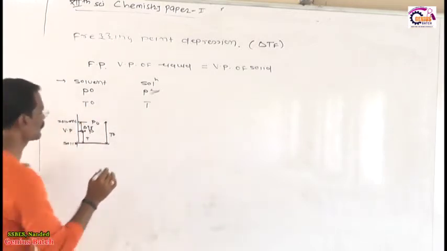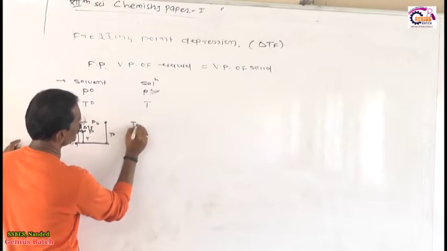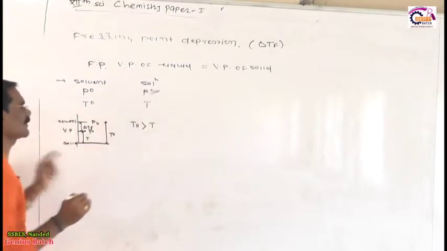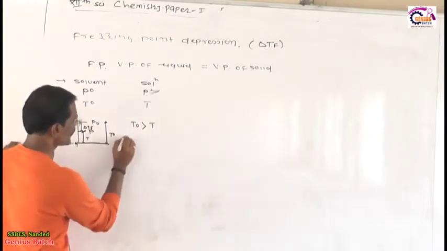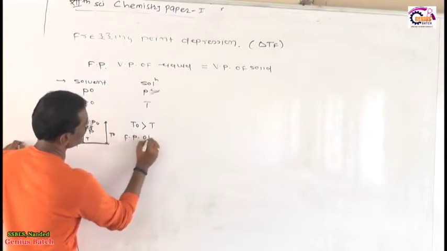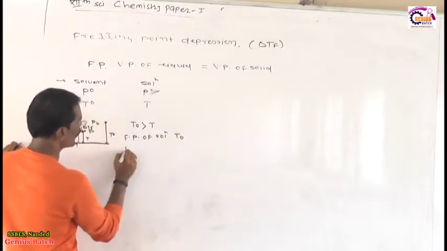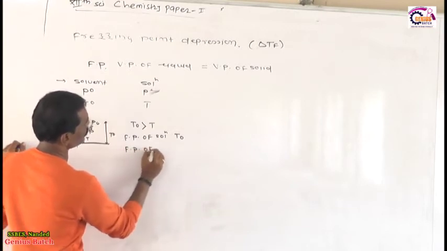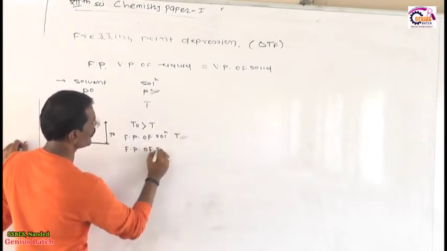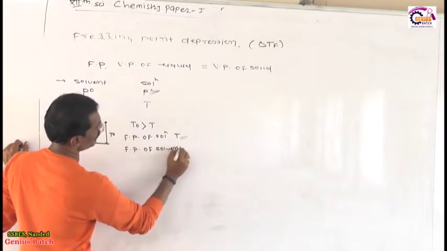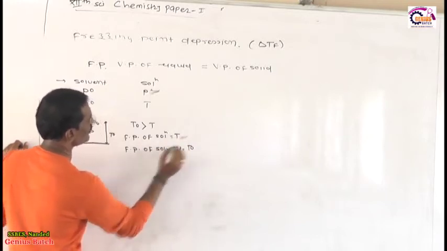It means the value of T0 is always greater than T. T0 is the freezing point of the pure solvent, and the freezing point of the solution is T. So this is T, this is T0.